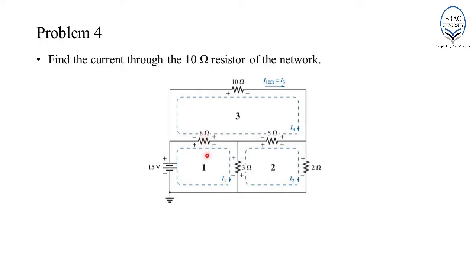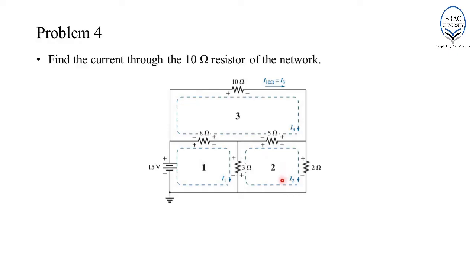So when we consider loop 1, we will consider I1 is greater than I3. Therefore, the resultant current flowing through the 8 ohm resistor is I1 minus I3. For the 3 ohm resistor, the resultant current flowing through the resistor will be I1 minus I2 when we apply KVL through loop 1.